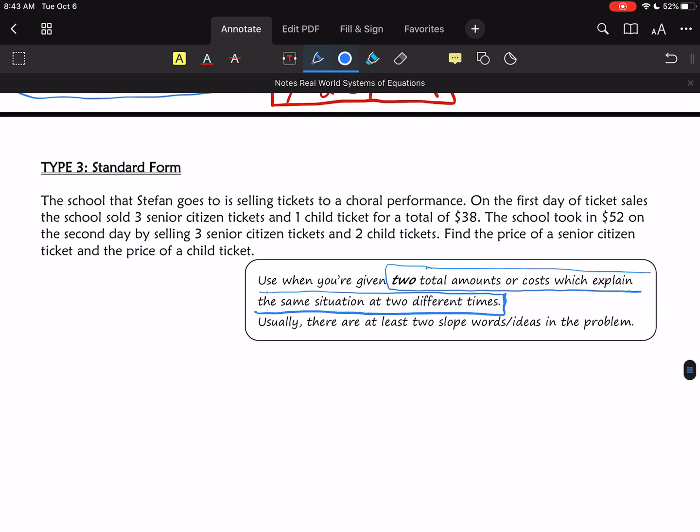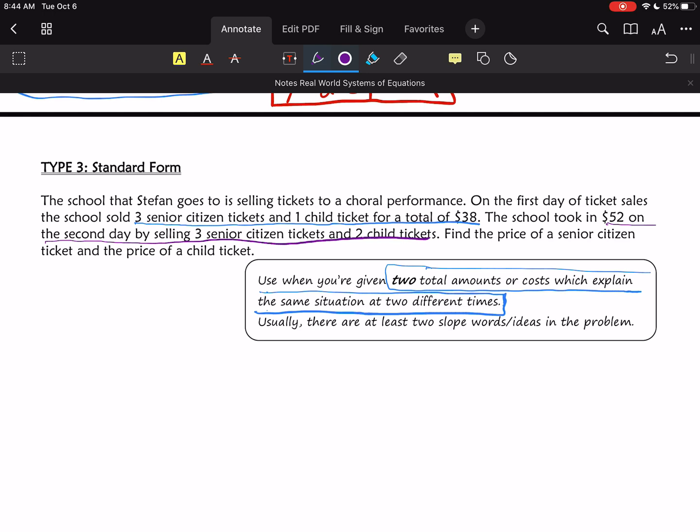So reading through this statement, it says the school that Stefan goes to is selling tickets to a choral performance. On the first day of ticket sales, they sold 3 senior citizen tickets and 1 child ticket for a total of $38. The school took in $52 on the second day by selling 3 senior citizen tickets and 2 children tickets.